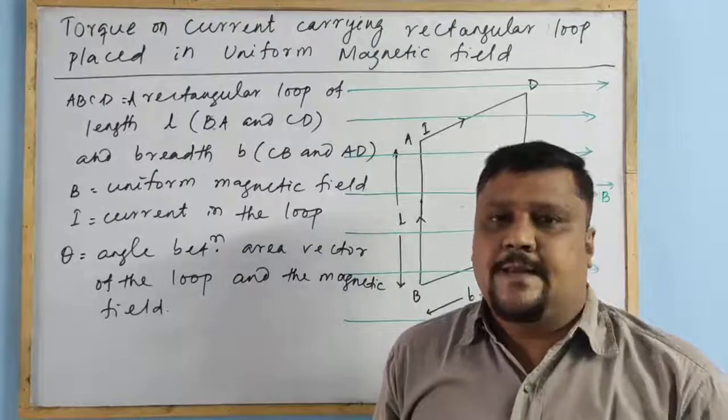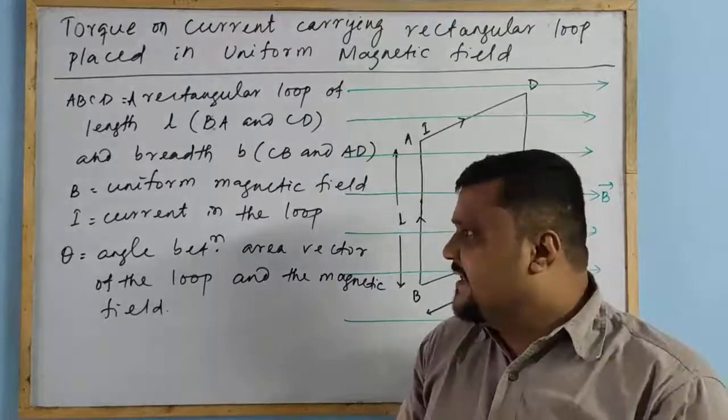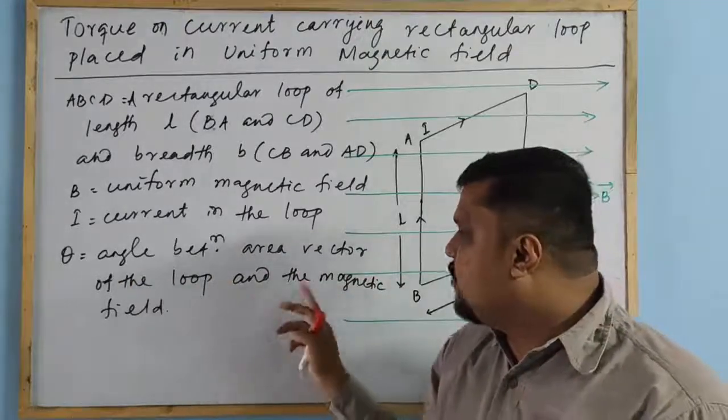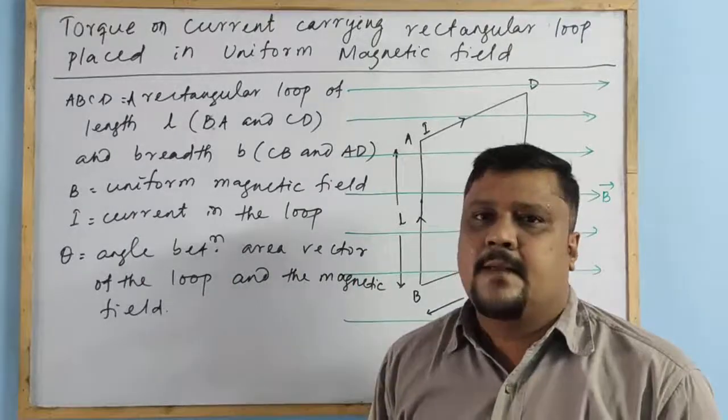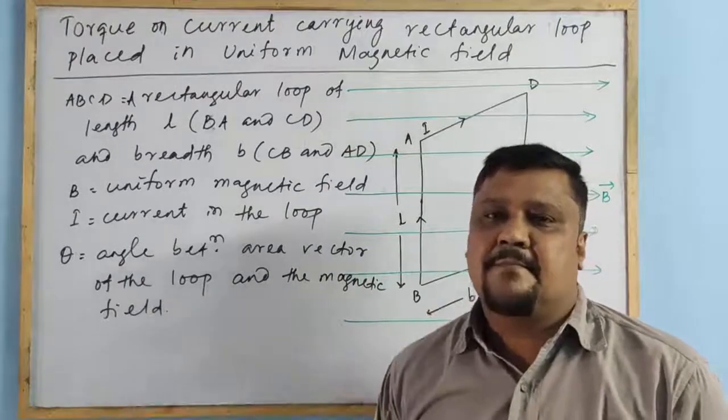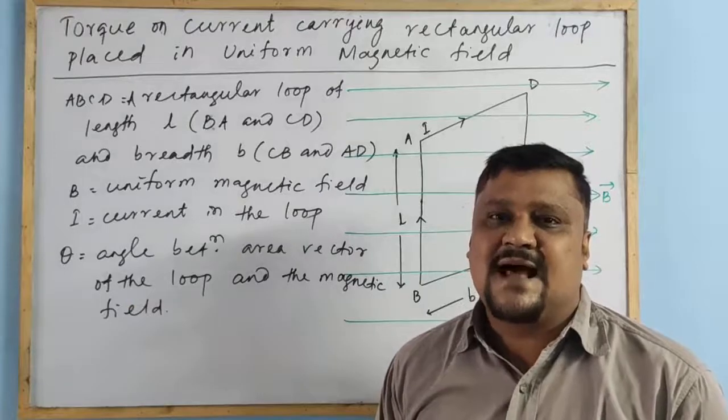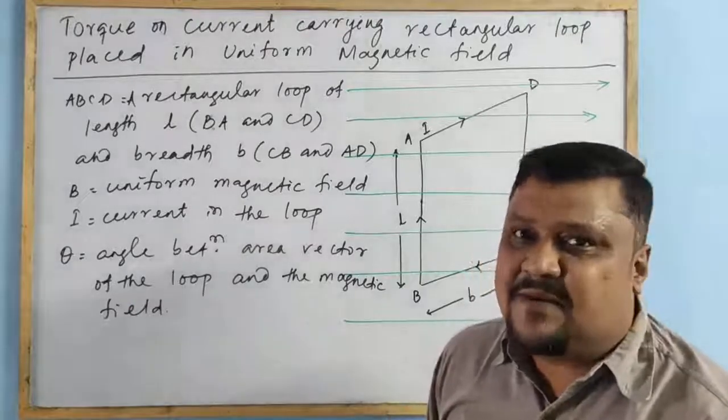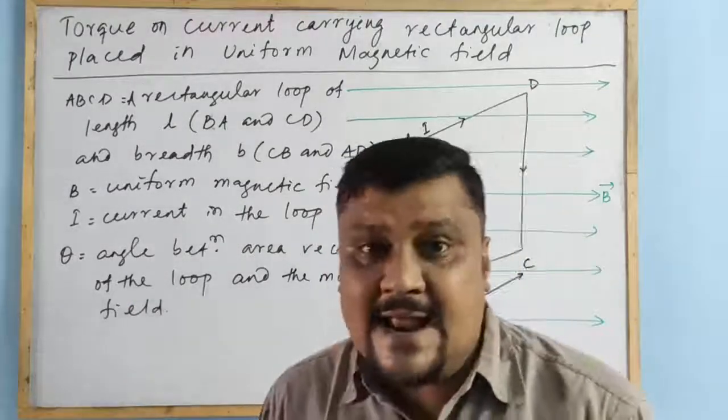Remember? Then, if I ask you, if theta is the angle between the area vector of the loop and the magnetic field, then what is 90 minus theta? 90 minus theta is the angle between the plane of the loop and the magnetic field.